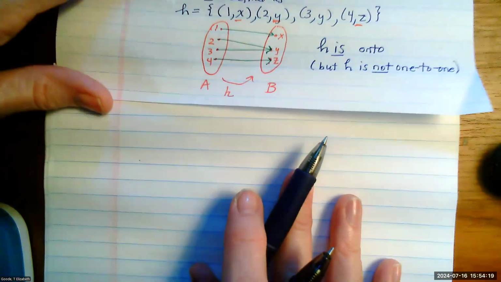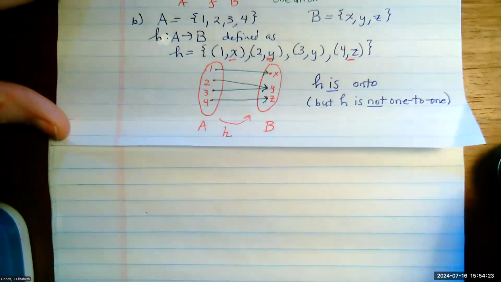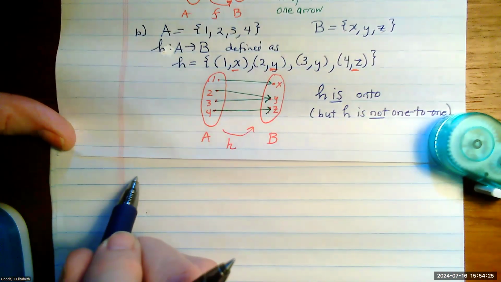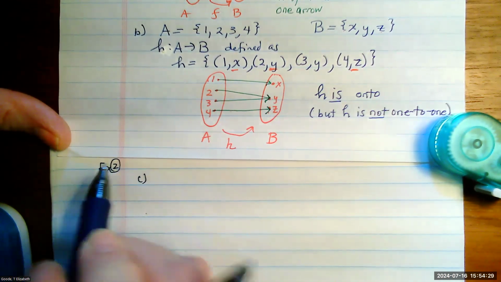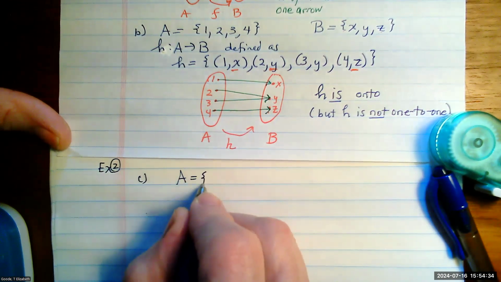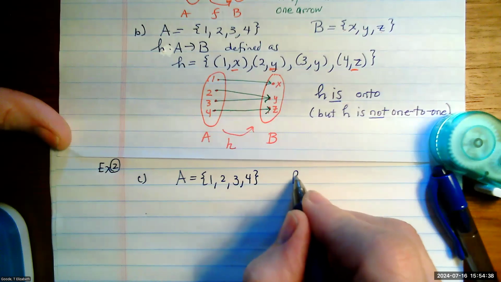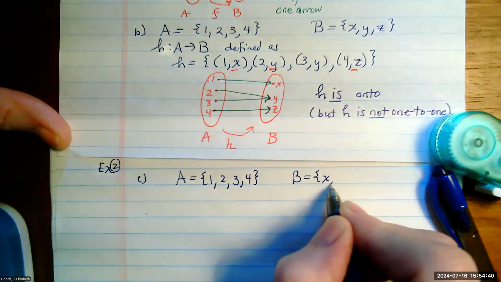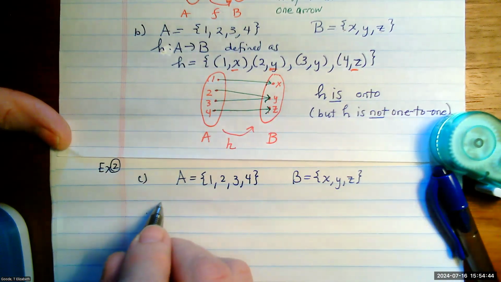Let me show what it looks like to have a function that's not onto. We just need to miss something, right? We just need to make sure that we don't hit everything. So we can use the same A and the same B, even though A is bigger than B, we can still make a function that's not onto.